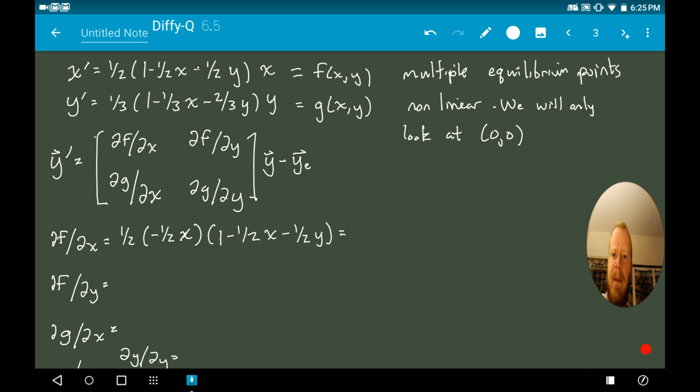Let's see, del f del y. That's going to be 1/2 times x times y here, so we're treating x like a constant and x can come out in front.